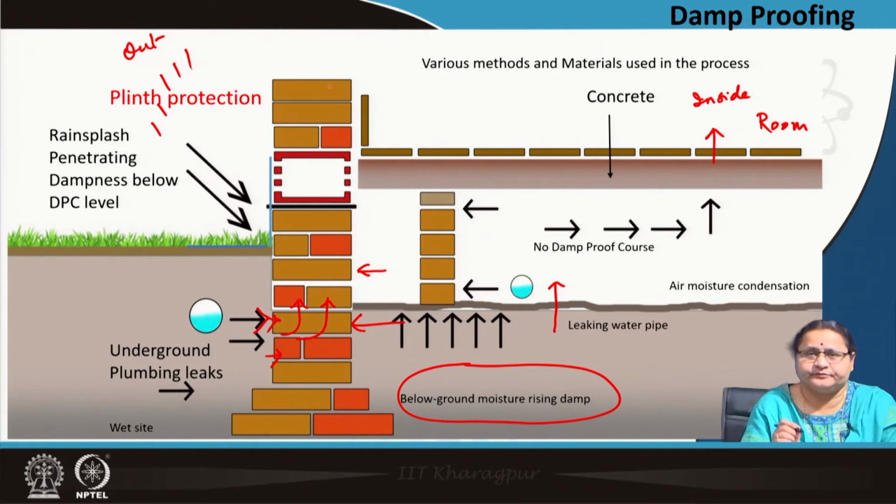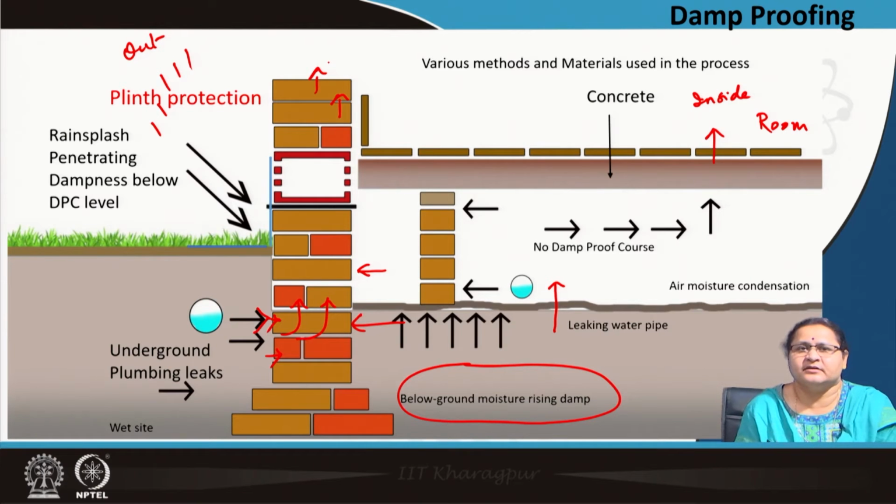So, if this wall continues to carry the moisture up, up and up, the entire external wall will get damaged by the moisture which is getting through the underground. So, you have to stop the entry of moisture at such a point from where it will not go further up.